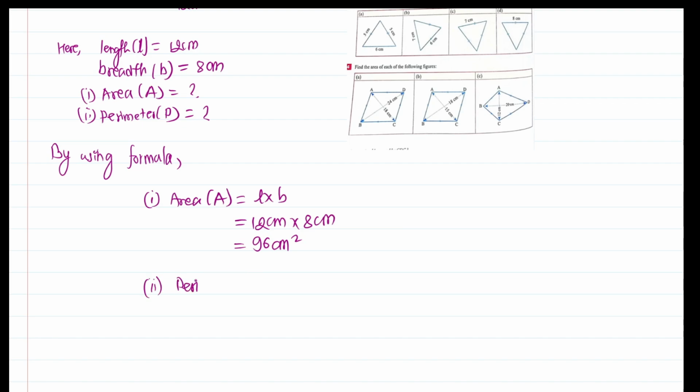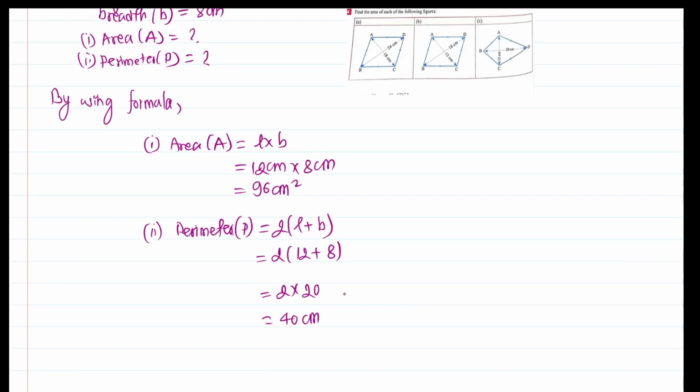And perimeter is the sum of all sides. We know the formula for perimeter of rectangle, that is 2 times (L plus B), and L is 12 centimeter, B is 8 centimeter, so 2 times 20, and that is 40 centimeter. The unit of perimeter will be centimeter, not centimeter square.